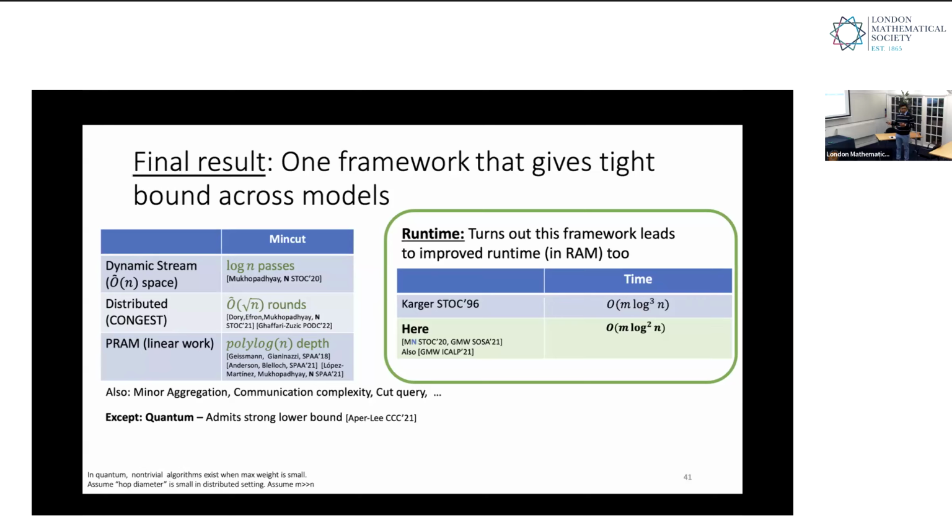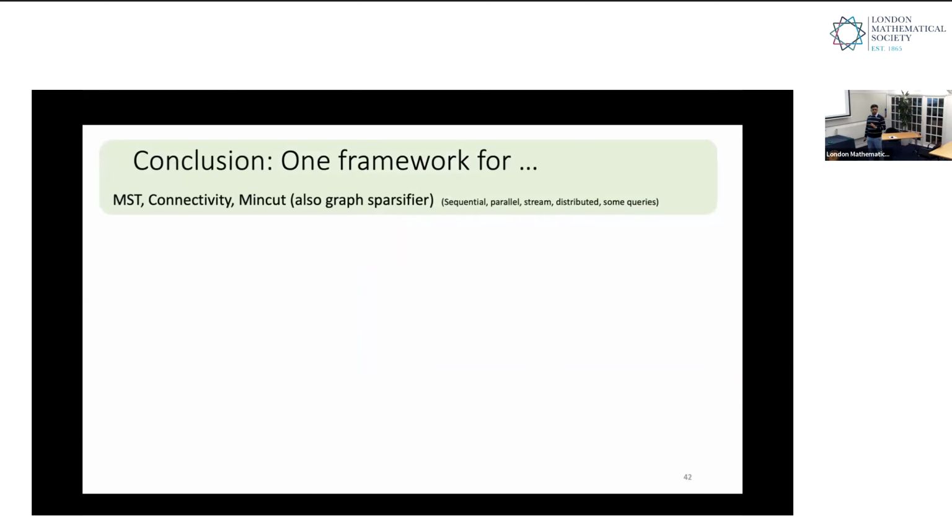As we have seen over here, from m log cube n, we get m log square n. Very modest progress, but progress nonetheless when things are so close to linear. Right, is this clear up to this point?